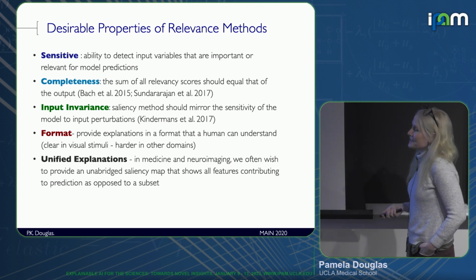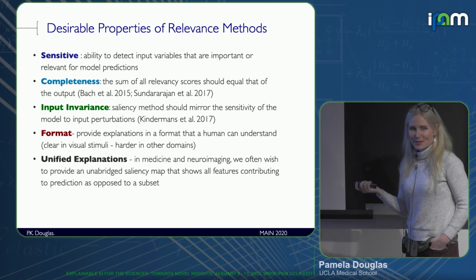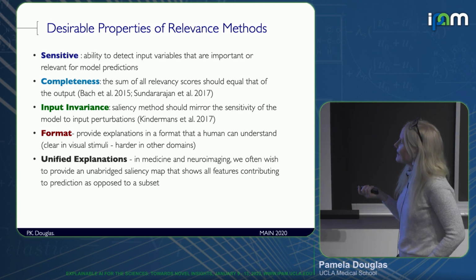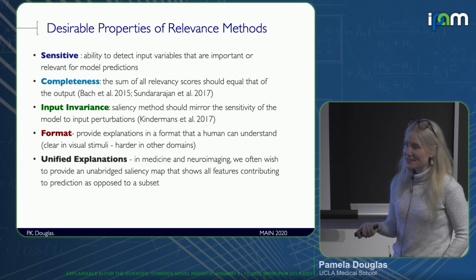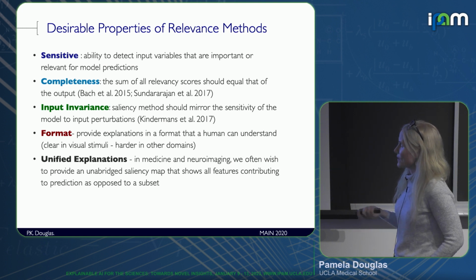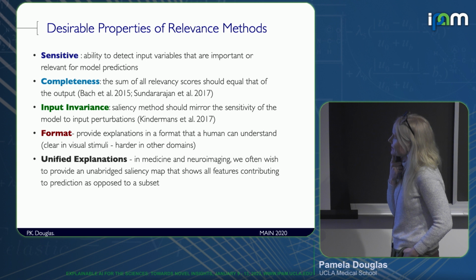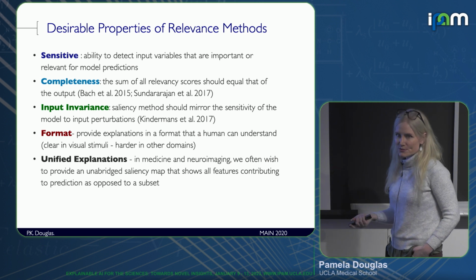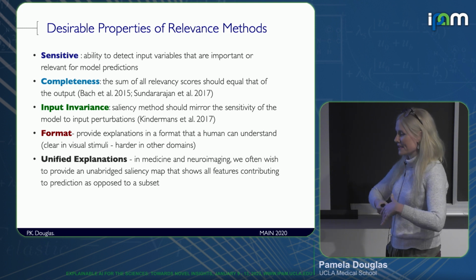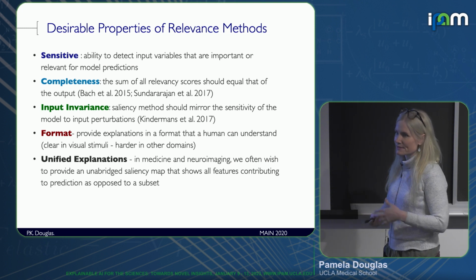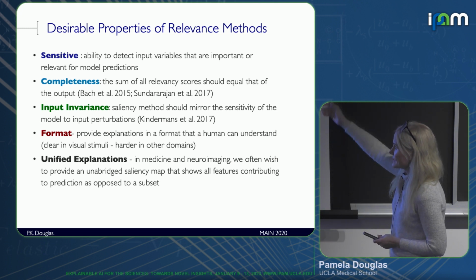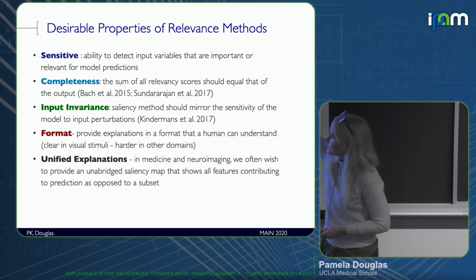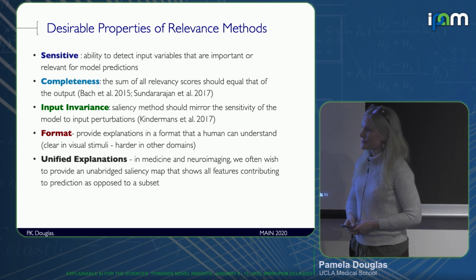So here are some desirable properties for explainable AI and neuroimaging. I think that some people have addressed most of these, but I will just briefly talk about how they relate to neuroimaging. We, of course, want our models to be sensitive in the sense that they can help us understand how expressive the model is at capturing different concepts. Completeness is a good one. Input invariance is very nice.